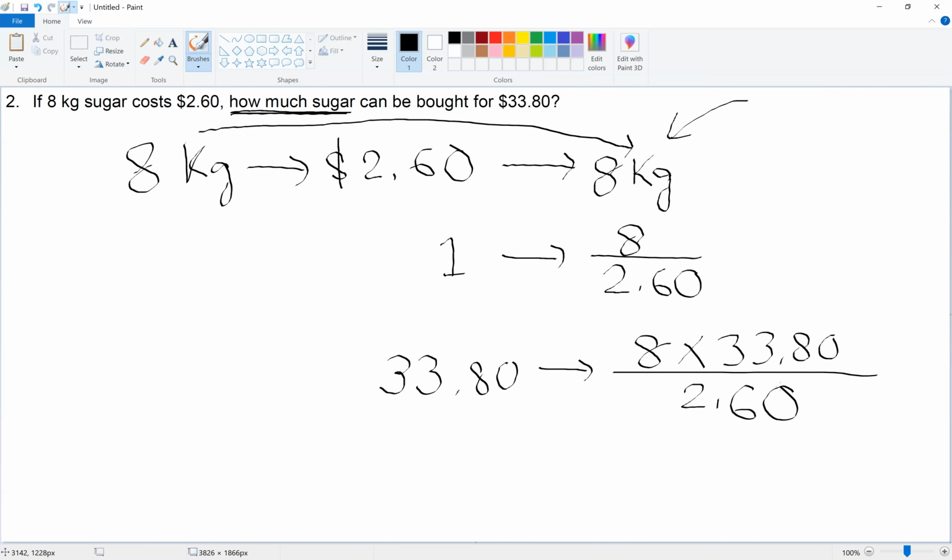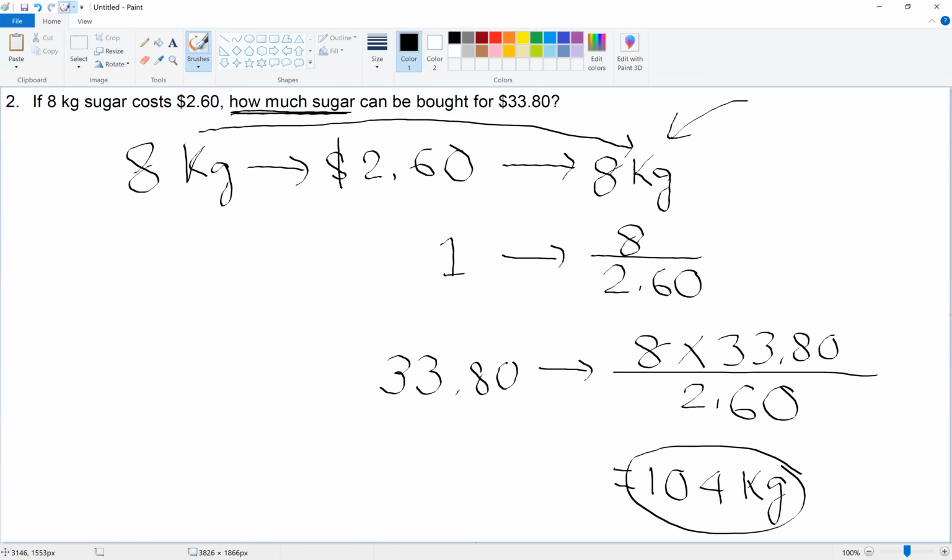Let me just calculate quickly. 104. Yep. Does everybody understand why I switched kg to be on the right and the money to be on the left?